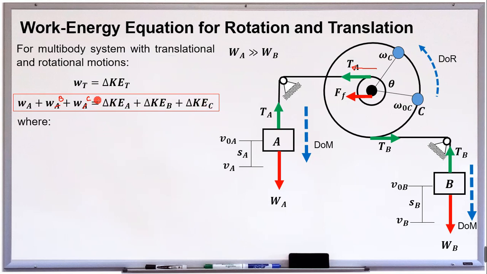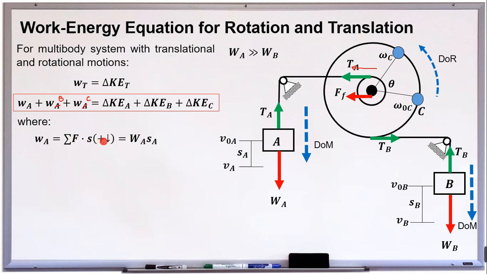Now, from this work energy equation, the work done at block A is equal to this expression. We take summation of forces times the displacement. We will use this formula because the type of motion at A is translational. So we'll use summation of forces multiplied by the displacement.